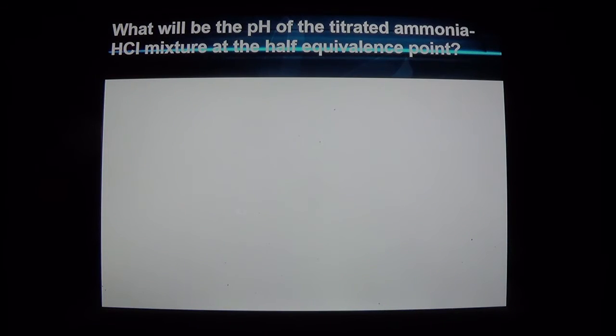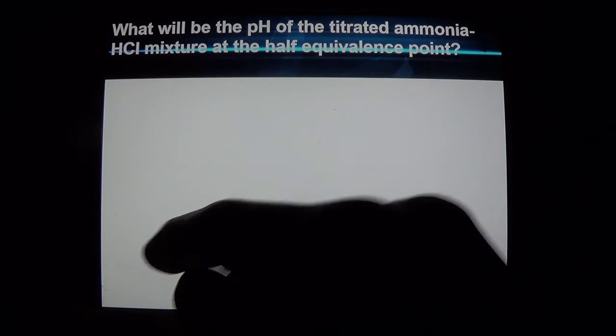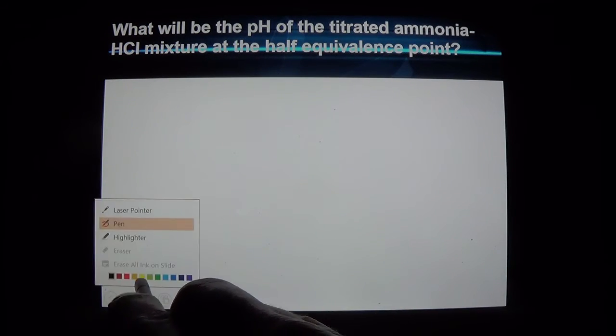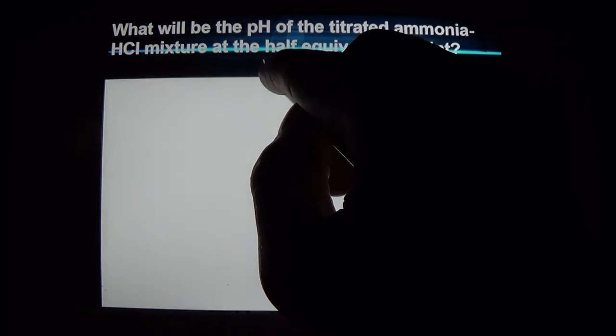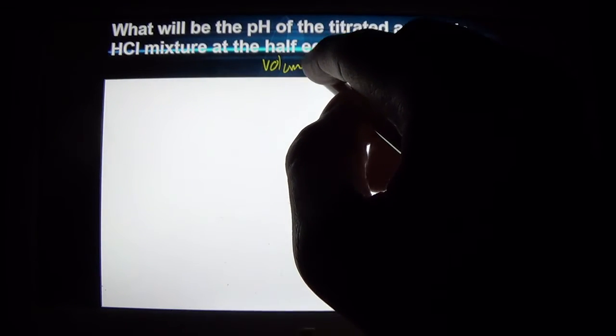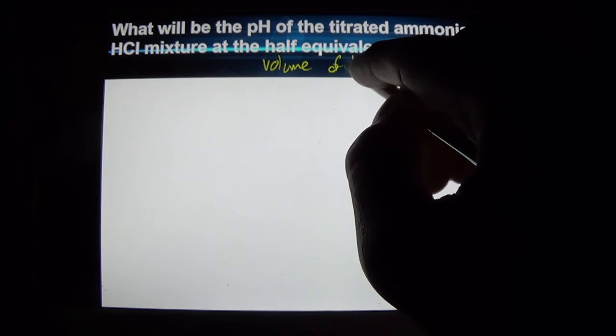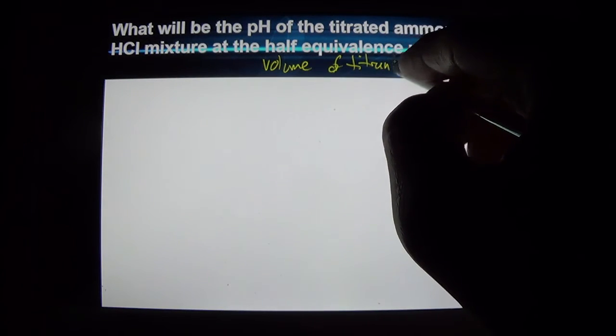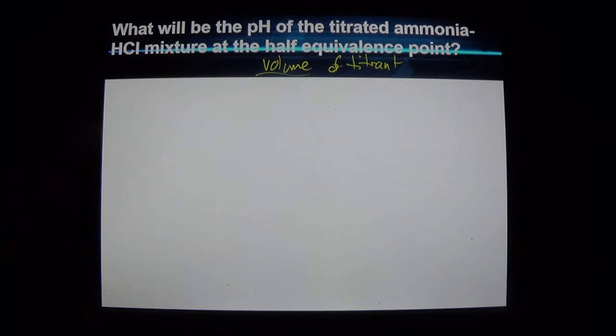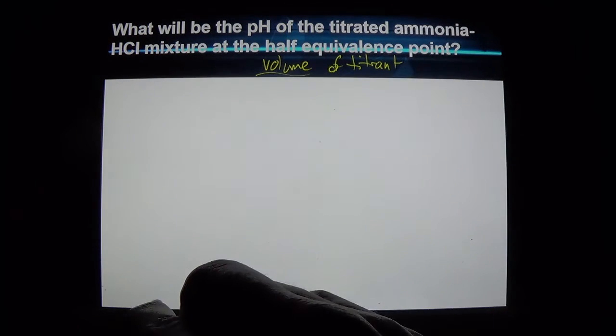The half equivalence point, as the name implies, is halfway to the equivalence point, but that halfway mark is measured in terms of the volume of titrant. So we're talking half of the milliliters needed to get to the equivalence point.